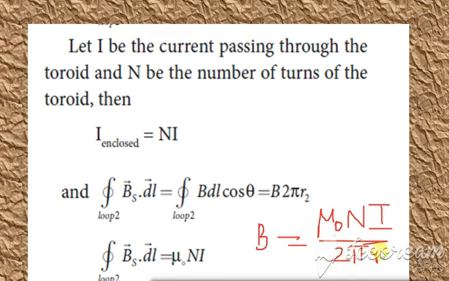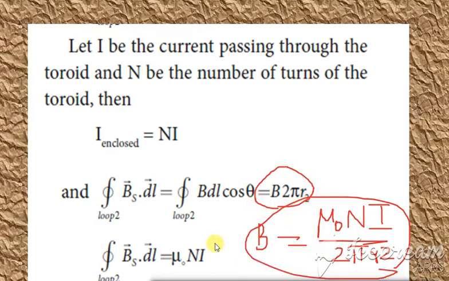So this gives the magnetic field inside the toroid. Yes, clear? Thank you.